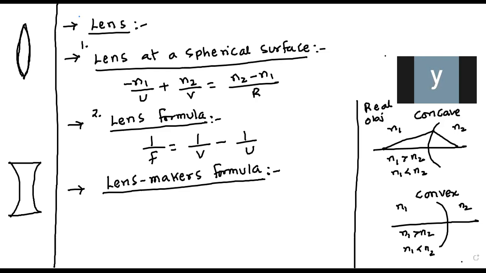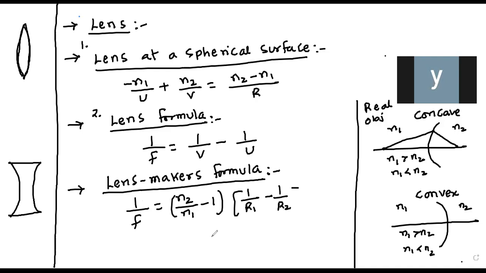Now I want to find what will be the focal length of that lens. The formula is n2 by n1 minus 1 times 1 by r1 minus 1 by r2.